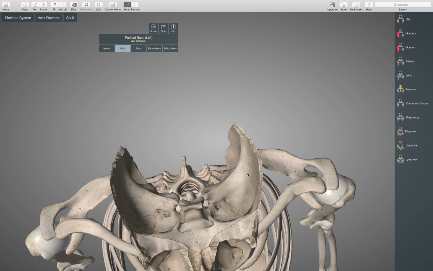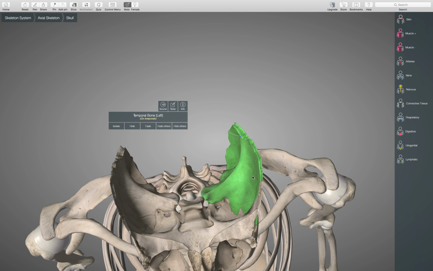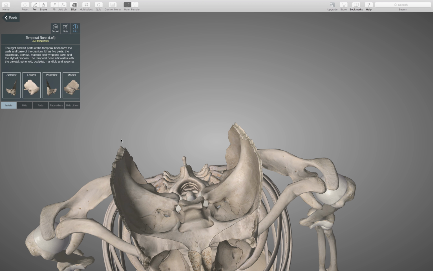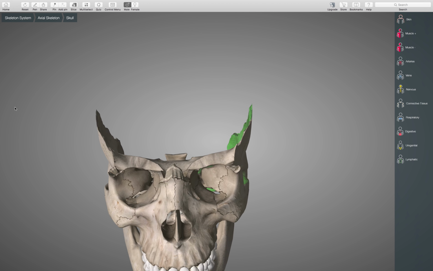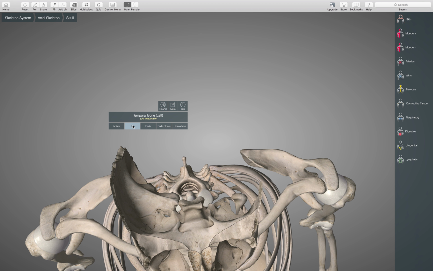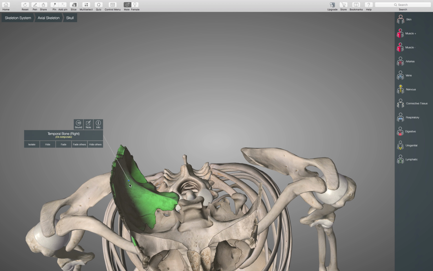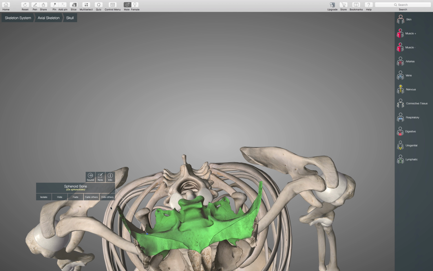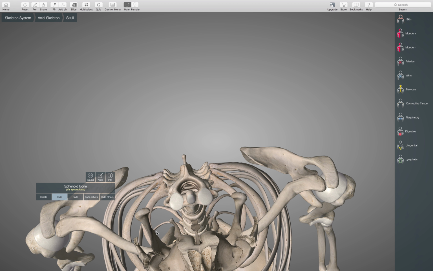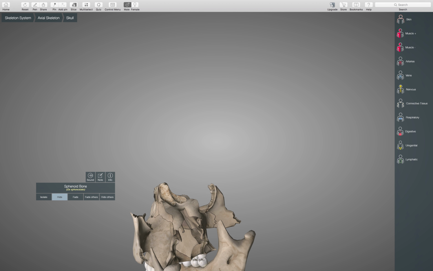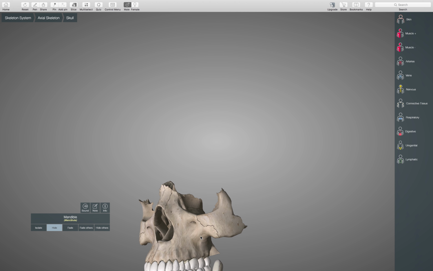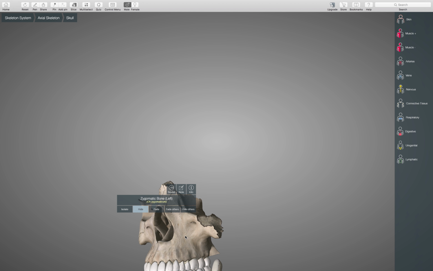We remove the frontal and the parietal bones. We remove the temporal bones and the sphenoid bone. Remove the jaw, the mandible bone, the zygomatic bone, and the maxilla.